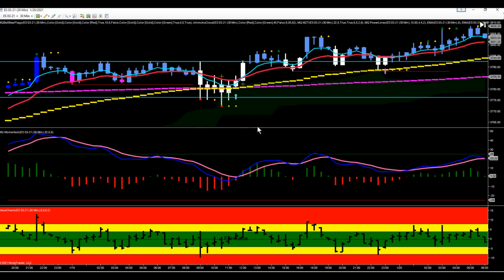See, this was our 30-minute opening range bar channel. And we broke under it, went back above it, broke under, back in it, above it, back in it, stayed above it a little bit, and then back down in it. Just not a good trending day.